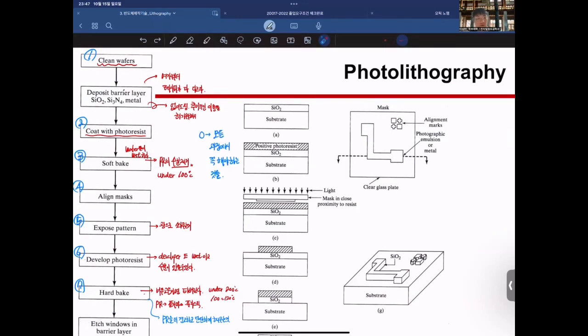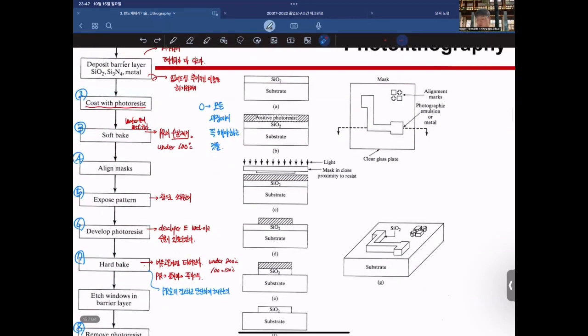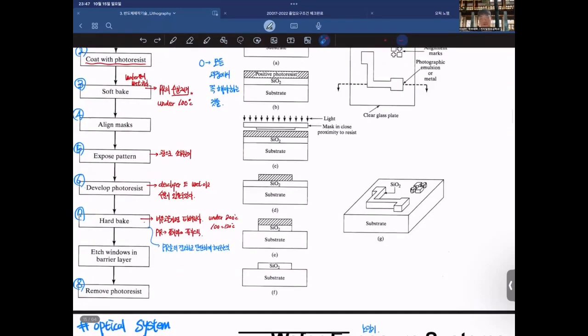First, cleaning the wafer, and second, we coat with the photo PR, and we can remove the water because of the wet.